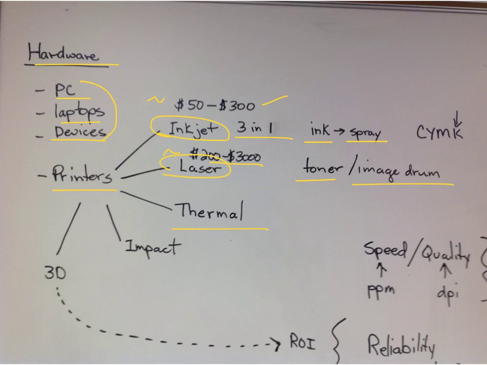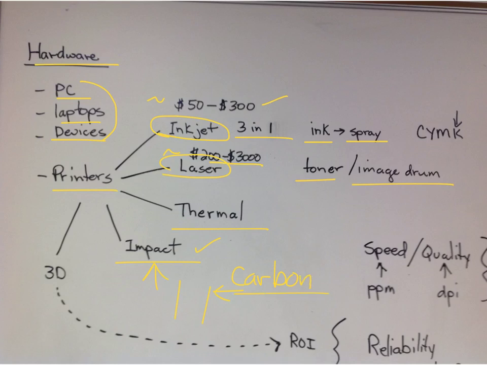Thermal printers in retail. Impact printers, you don't see them as much, but they actually have a device that hits an image through a ribbon. And these are still used, and a lot of times they may have 2 layers of paper and have a carbon paper in there.